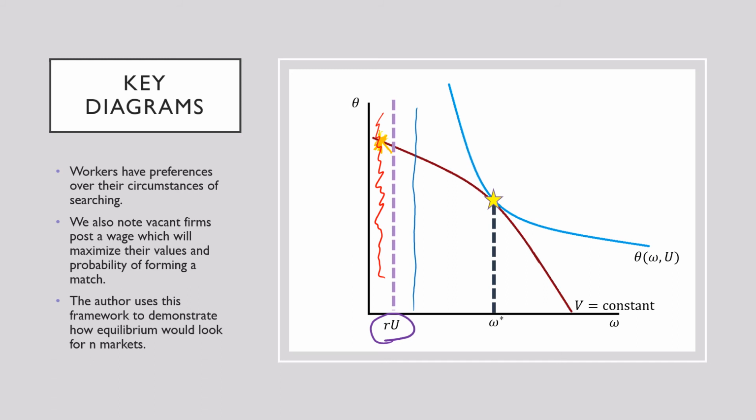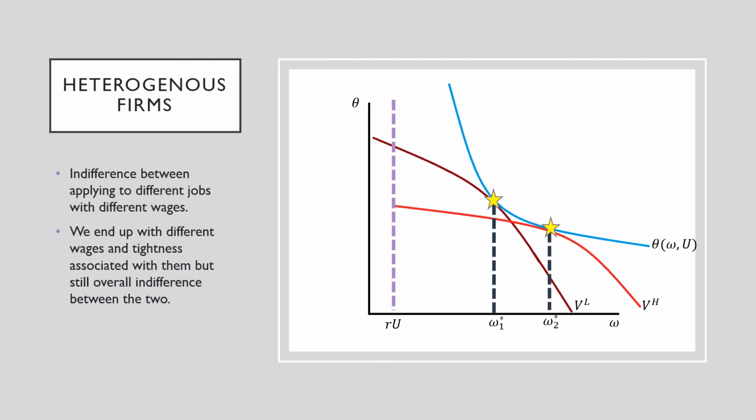The way we're going to extend this is that we're going to really think about what it means to have n markets here. So let's first talk about heterogeneous firms. We're going to have high productivity and low productivity firms, and we're going to define their curves as follows.